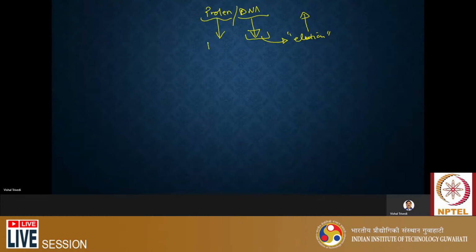For the protein, you can do the electroelution, and I think we are going to discuss that when we discuss antibody production. What you do is, you have the protein in the gel block, and you tie that block up in a dialysis bag and put this dialysis bag into the electrophoresis chamber with the buffer.